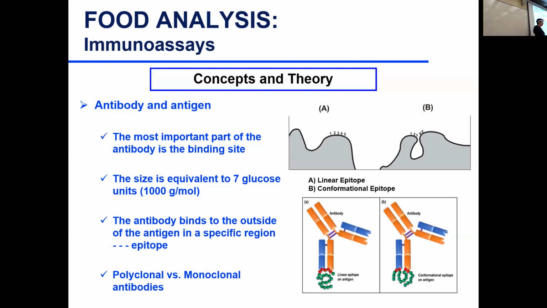A single type of B cell will generate a monoclonal antibody. We can use those in assays as standard reagents. It's important to have monoclonal as standard reagents. When you get an ELISA kit, you most likely will have a standard reagent of monoclonal antibodies.